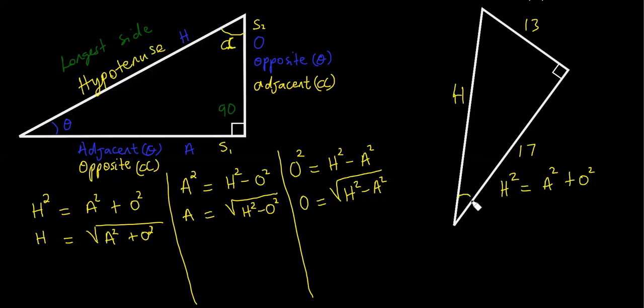With respect to this angle, hypotenuse squared is going to be equal to the adjacent side, which is 17 squared, plus 13 squared. In this case, H is going to be equal to the root of 17 squared plus 13 squared. Then what do we get?